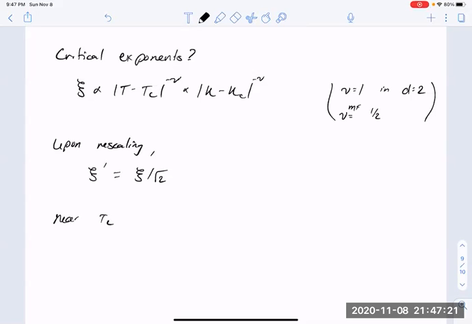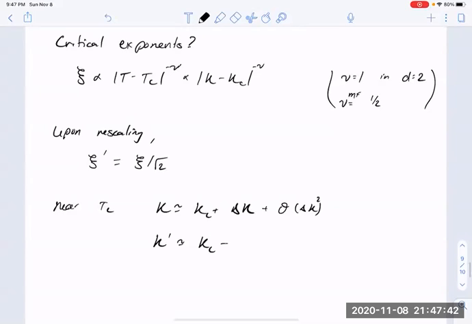Near Tc, we have that K is approximately Kc plus some correction to first order. We expect that K prime is Kc plus some correction, which is not the same correction, but weighted by how K prime changes with K, evaluated at Kc. Again, exactly at Kc, K is equal to K prime.